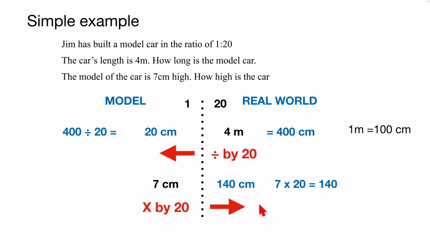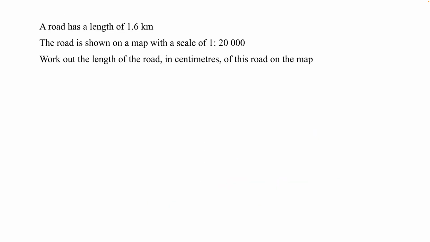Of course, questions can get more difficult. A road has a length of 1.6 kilometres. The road is shown on a map with a scale of 1 to 20,000. Work out the length of the road in centimetres on this map. That should say on. Right, 1 to 20,000, map to real world.